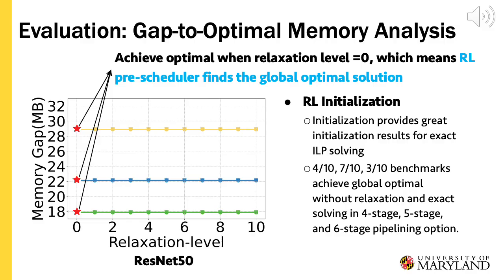Take the model ResNet 50 for instance. It achieves the optimal results with a relaxation level of 0, meaning our RL scheduling pinpoints the global optimal solution. The quality of results of the initialization indicates we can find the global optimum without extensive space relaxation.